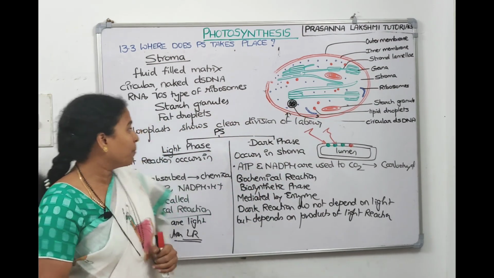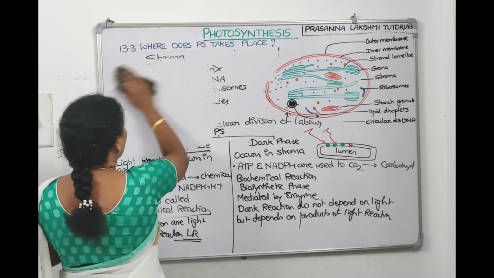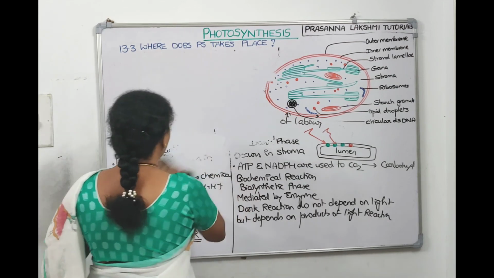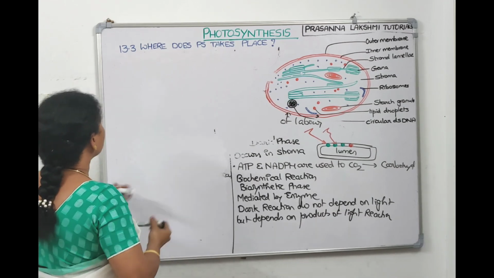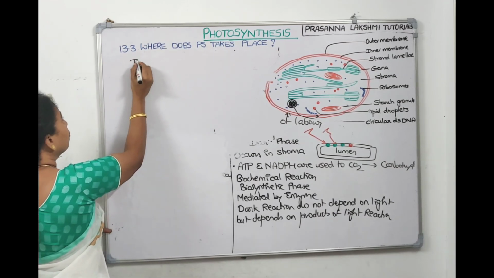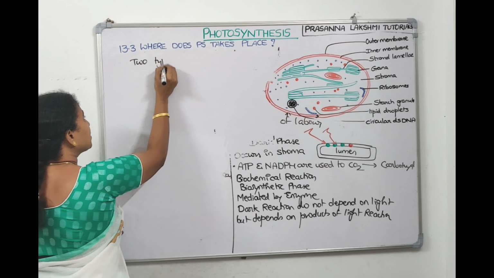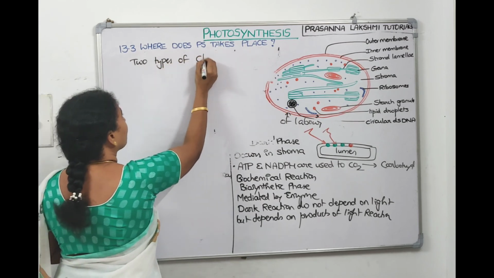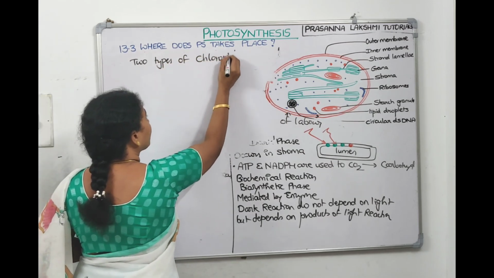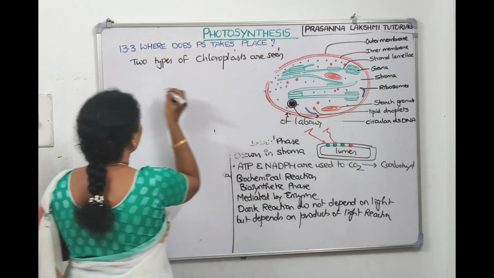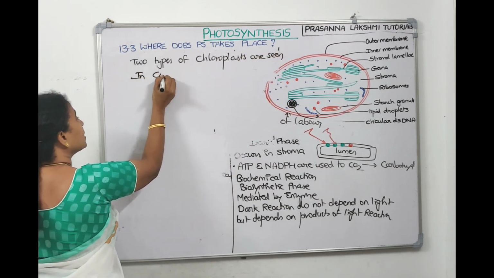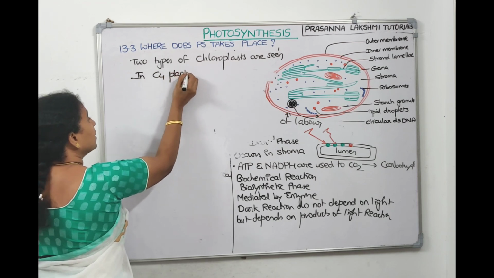We will understand it when we go further and check the details clearly. For now we can just say that two types of chloroplasts are seen in C4 plants.